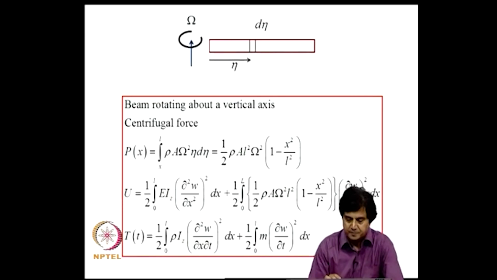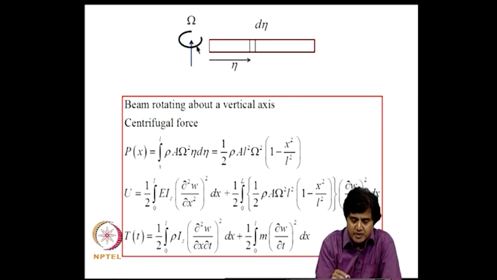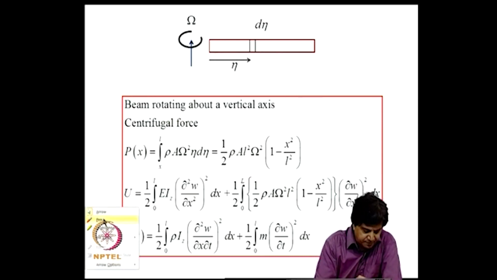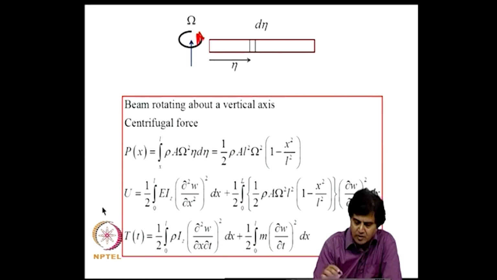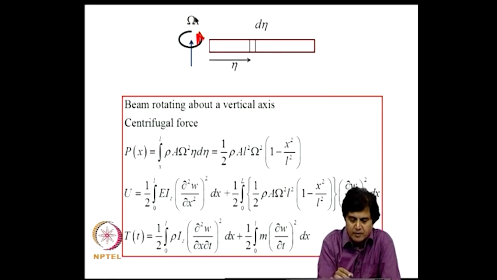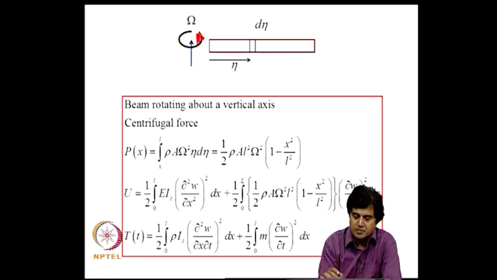Now, let us consider a beam which is spinning about this axis as shown here with the angular velocity of omega. Now, the beam is spinning about the vertical axis here.